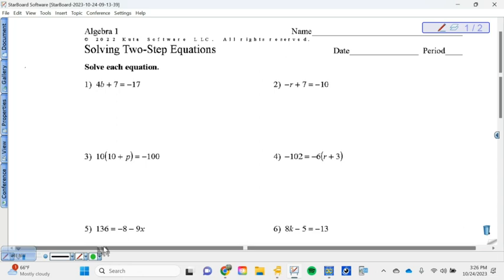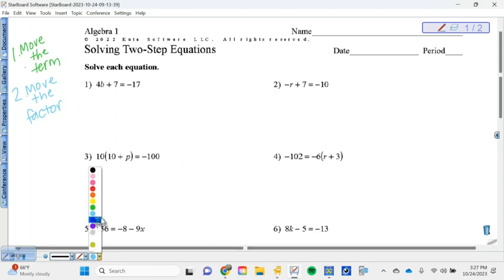So our first step has to be moving the term. So our first step is always move the term. And then my second step is going to be moving the factor. So in number 1, what is the term that I'm going to need to move? Yeah, that's 7.